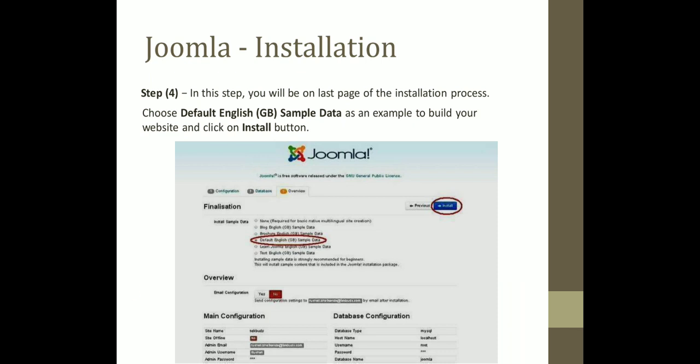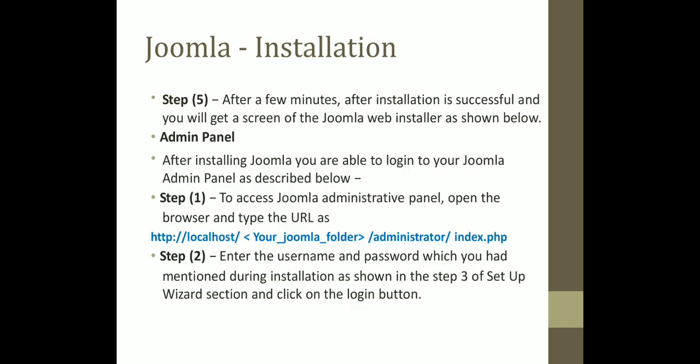In the last page, as we have already talked about, you have to choose default English sample data as an example to build your website, and click on the install button. So it will get successfully done, and after clicking on installation, you will start the installation of Joomla.